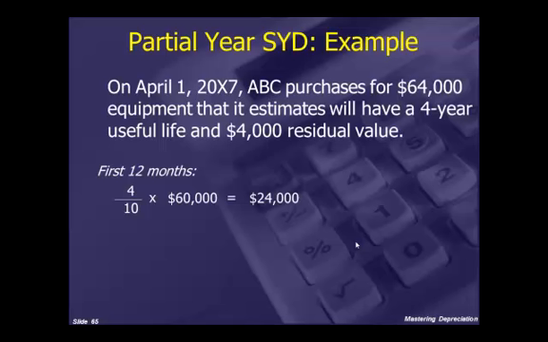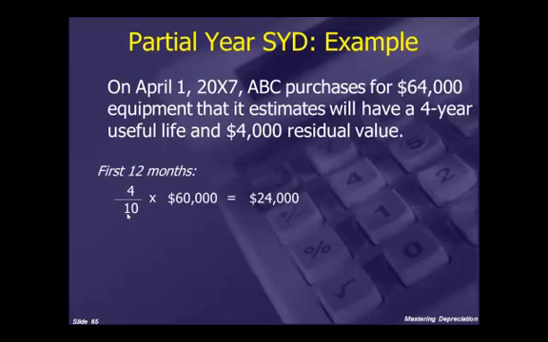So 4 times 5 is 20, divided by 2 is 10. So the denominator here is 10 for that first year. And the 4 years, so when we start, the numerator is a 4. So it's 4/10 times the depreciable base, 64,000 less 4,000.